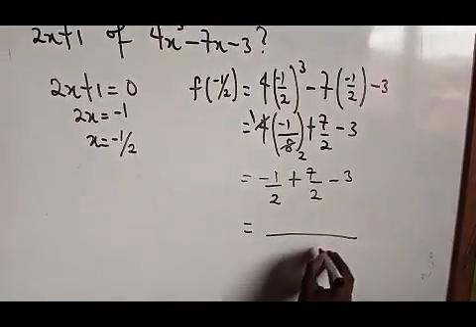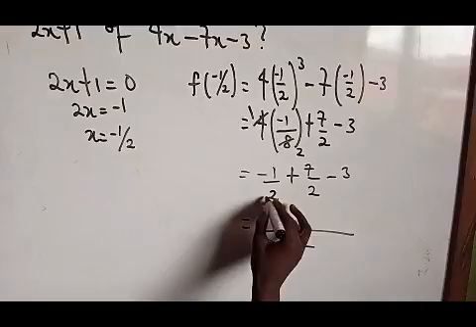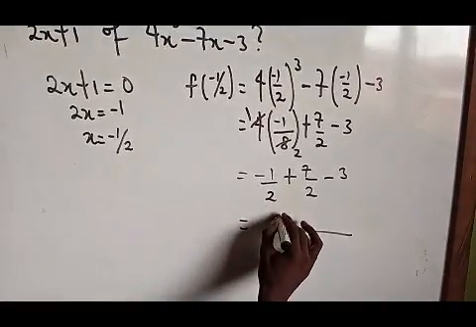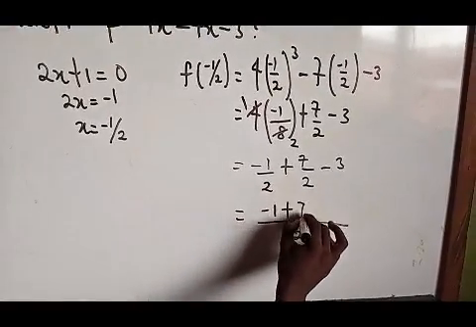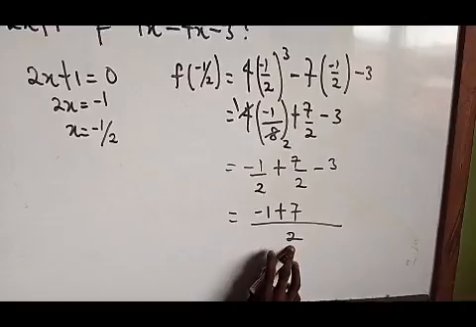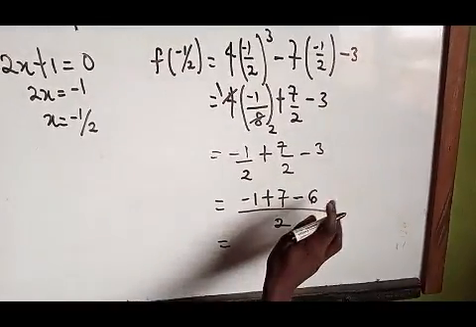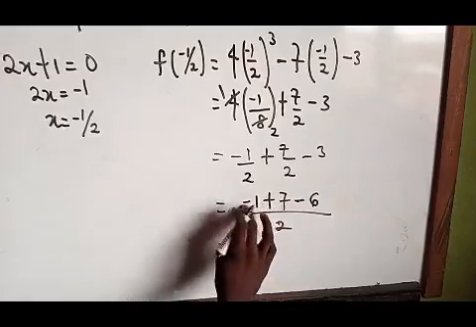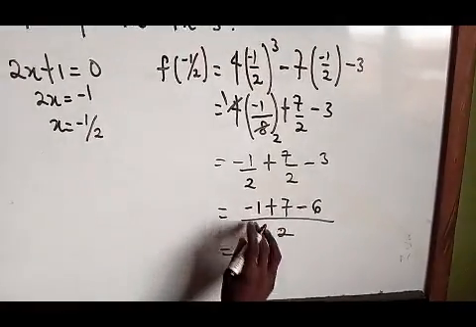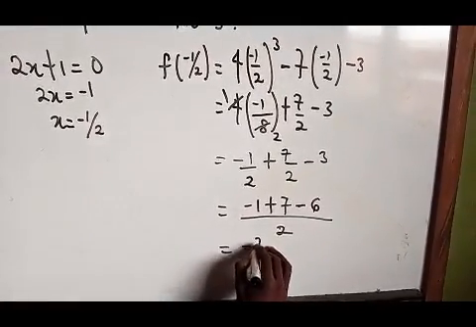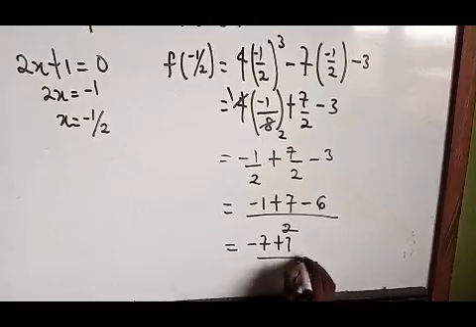So the LCM will be 2. 2 into 1 is minus 1, plus 7, minus 2 times 3 will give me minus 6. So minus 1 minus 6 will give minus 7. Minus 7 plus 7 over 2.